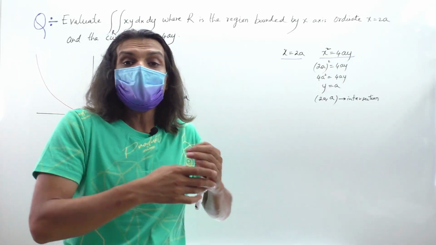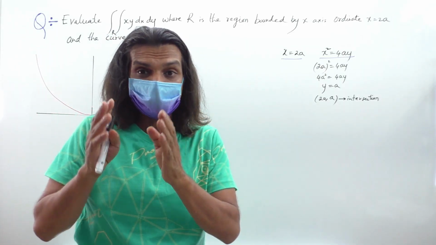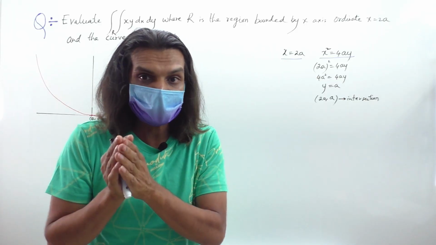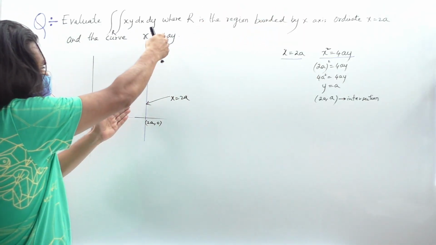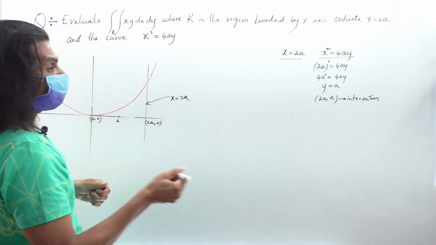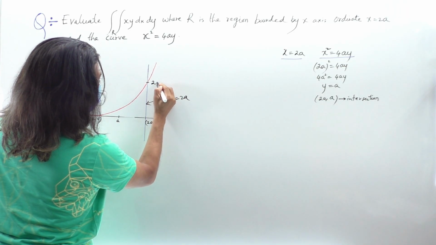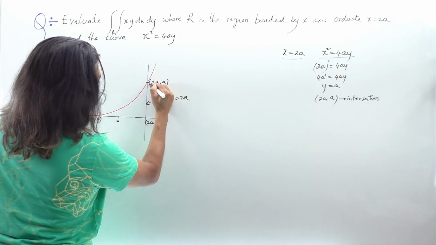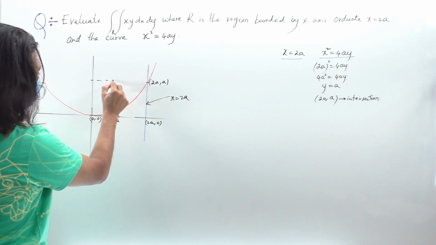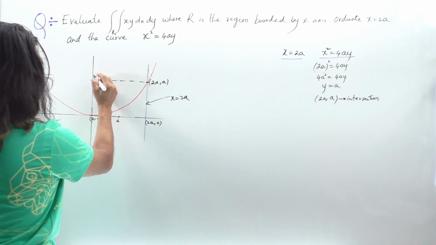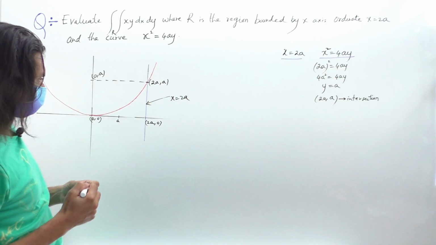It means a parabola symmetrical about the y-axis. See, I have drawn here the parabola in red color, symmetrical about the y-axis. Now, this 2a comma a denotes the point of intersection. If I drop the points here, I have all the points here.